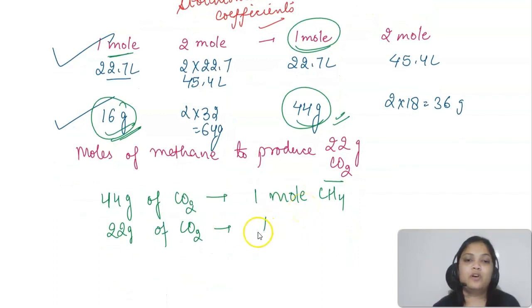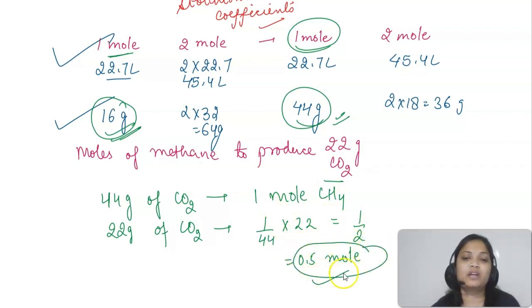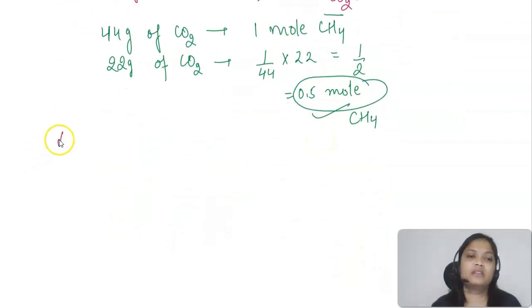So 1 upon 44 into 22, this unitary method that you have studied in mathematics. So it will be 1 upon 2, which is 0.5. So you will be requiring 0.5 moles of methane to produce 22 grams of CO2. Right? This is very easy, a very basic concept. So you can solve any type of questions using these stoichiometric calculations. Now students, one more term comes in the reactions, that is limiting reagent.